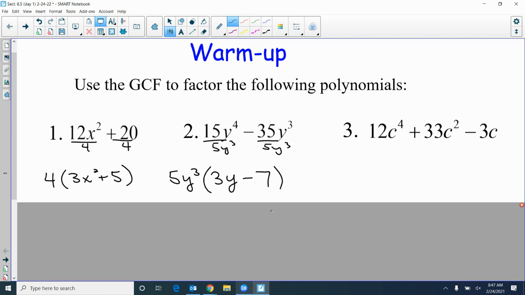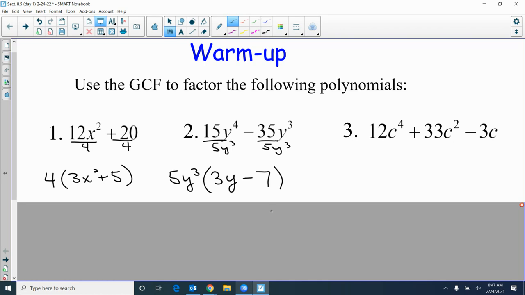Just 7. Sound like you're going to say something else. 3y minus 7. Because remember, you subtract exponents. 4 minus 3 is 1. 3 minus 3 is 0. Basically goes away. So you get 35 divided by 5, which is 7. So 5y cubed on the outside, 3y minus 7 would be on the inside. So that's all we need for number 2.